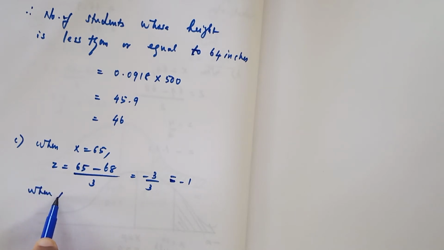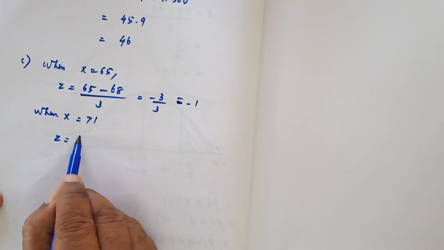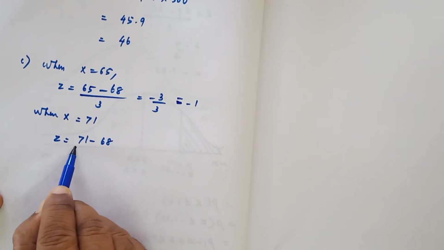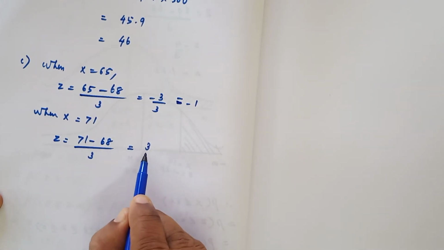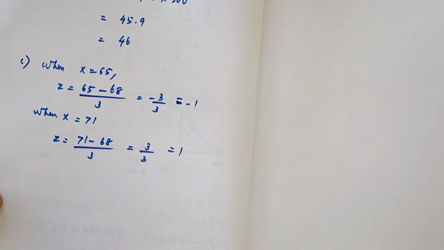Now x is equal to 71, z equals x minus mu divided by sigma. 71 minus 68, that is equal to 3, divided by 3, that is equal to 1.